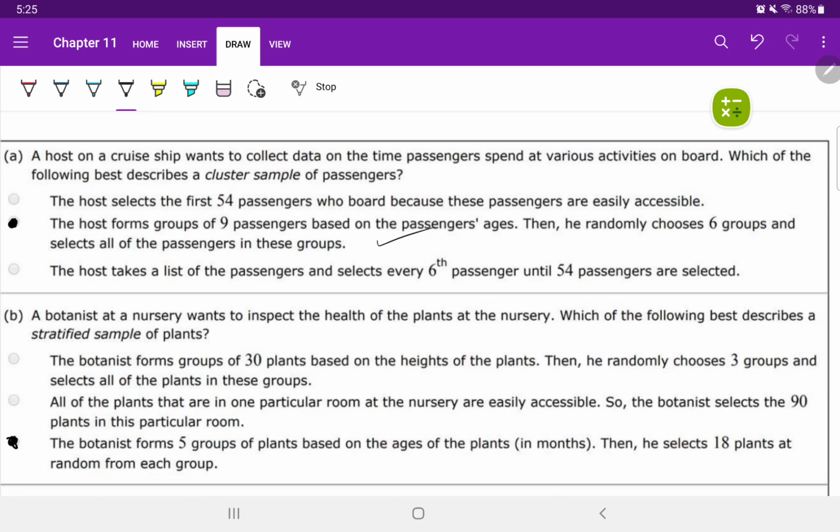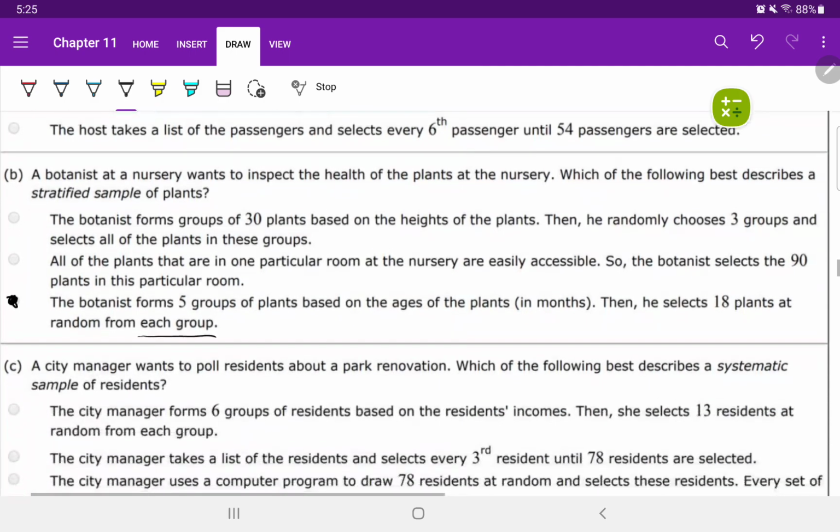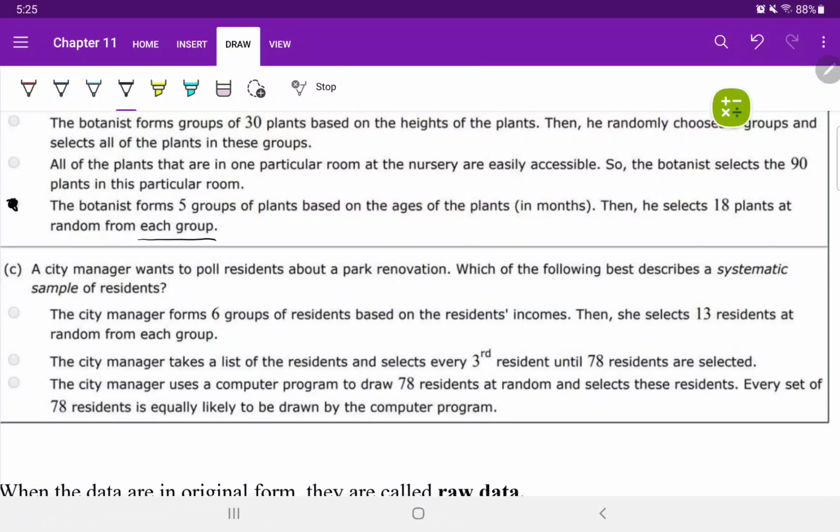The last one, the botanist formed 5 groups of plants based on their ages in months. Then he selects 18 plants at random from each group. He divided the population into 5 groups, and then he selected 18 plants from each of those 5 groups. That is stratified sampling.